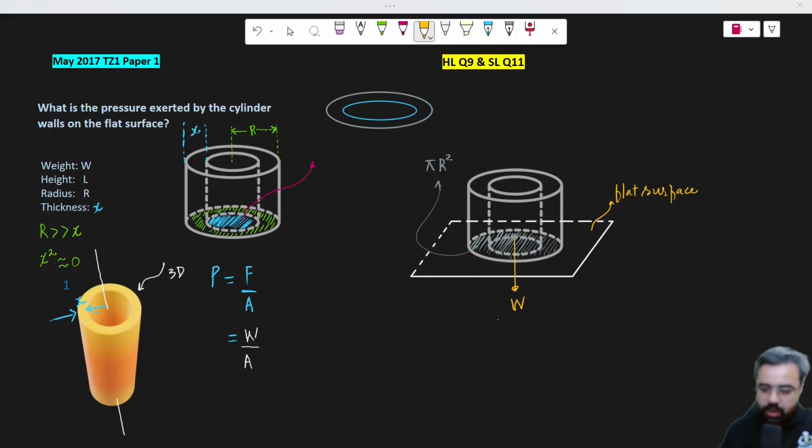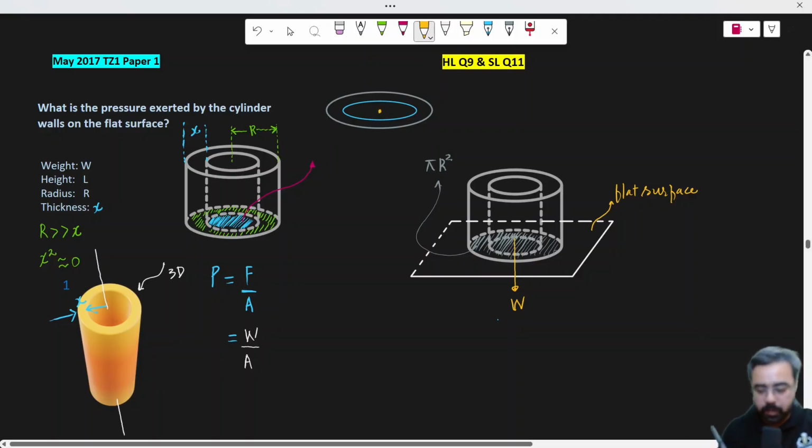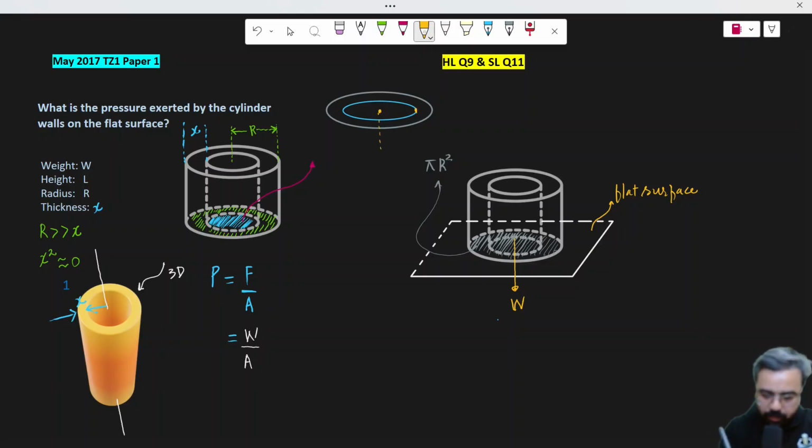Let me explain: from the center of the hollow cylinder to this point, the distance should be equal to r minus x. The reason is that this distance is the thickness of this side, and the total distance is r, so this will give you the radius of this circular part. This is a horizontal circle.